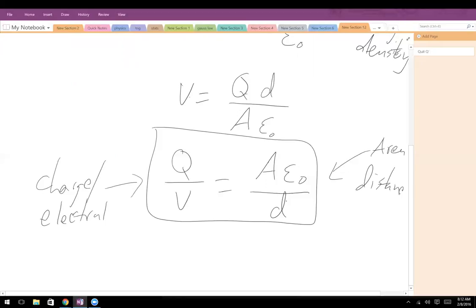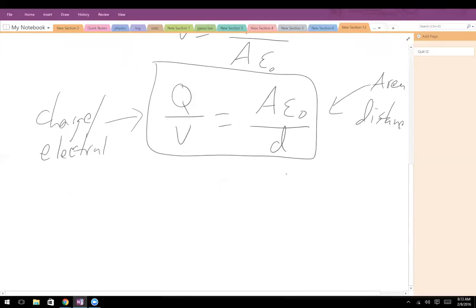So this side, epsilon naught is the 8.85 times 10 to the minus 12, which that is kind of an electrical thing, but again, I can never remember, I get permittivity and permeability mixed up. This one's permittivity. I don't remember.